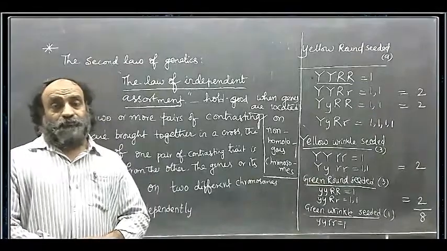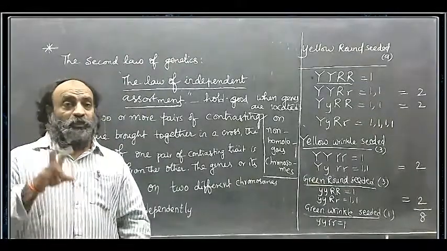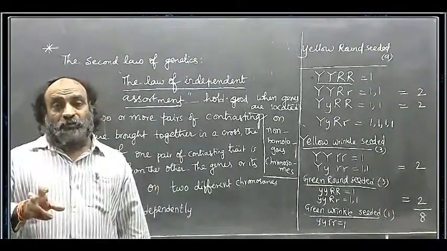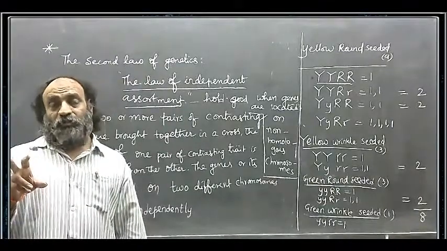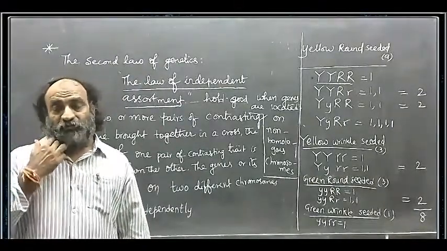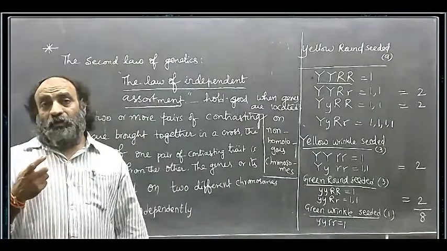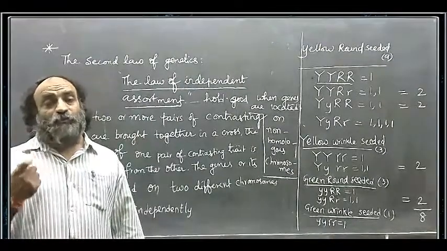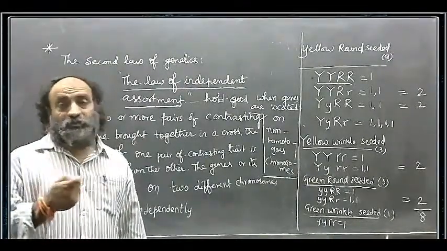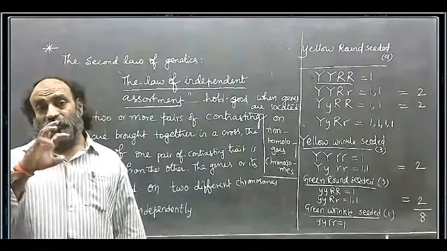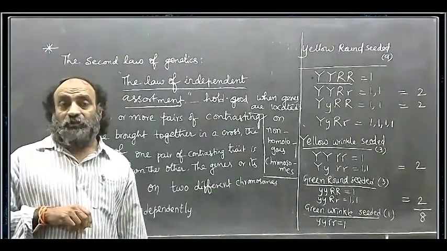So you must be in a position to recognize that the question is related to the dihybrid cross, and you have to use appropriate symbols based on the data given in the question.